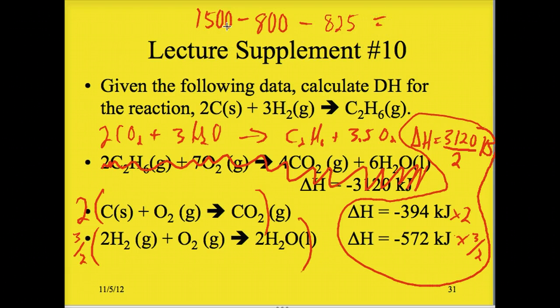Alright, so when we actually do our math on this, doing these two, a positive 700, and then I'm going to have a negative 125. Let's see how close I did.